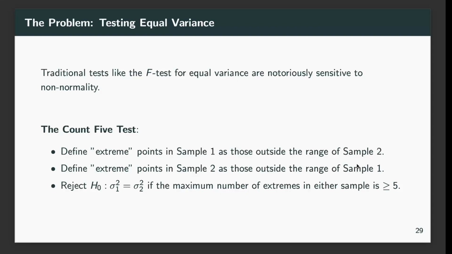If we want to test for equal variance, from the classical perspective we will use the F test. In the F test, we assume under the H null that both populations are normal.